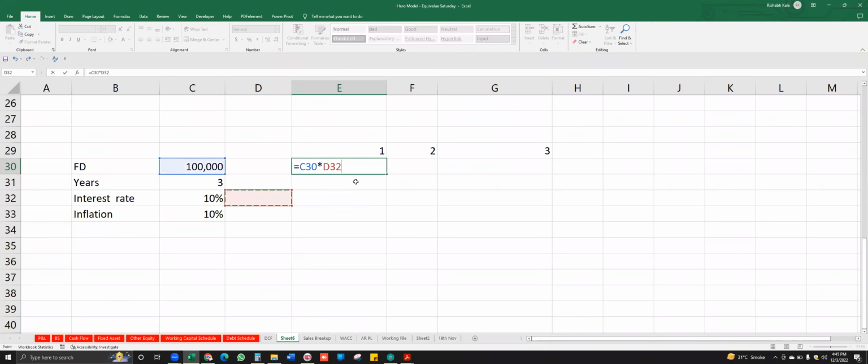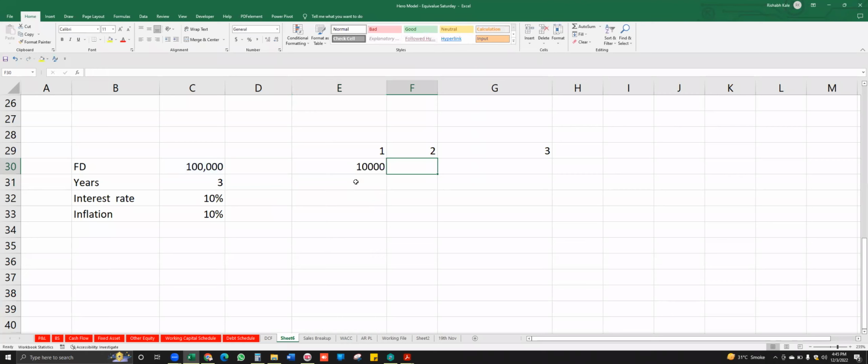One lakh into 10%. Next year, second year, how much will you receive in the second year?